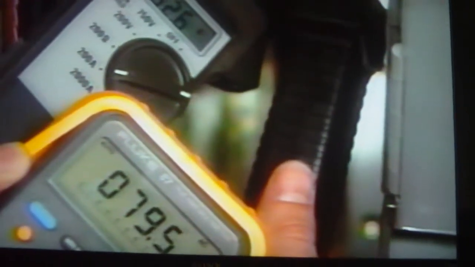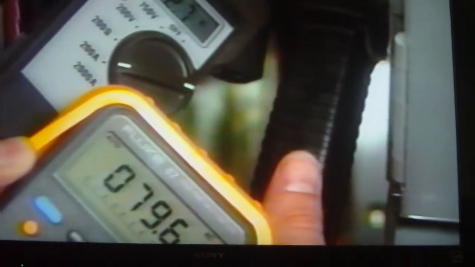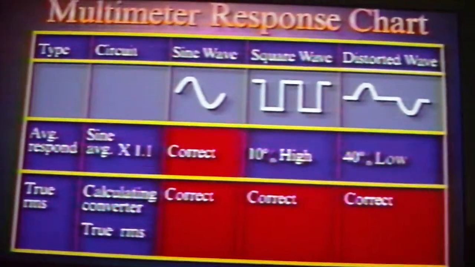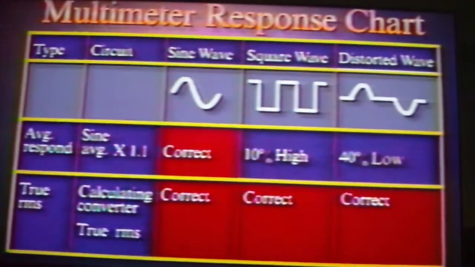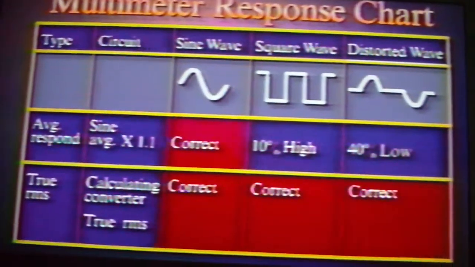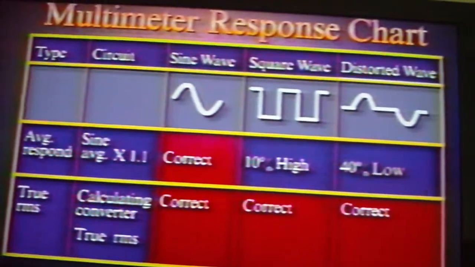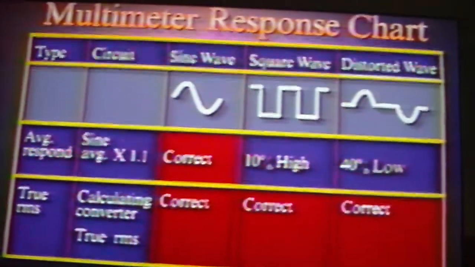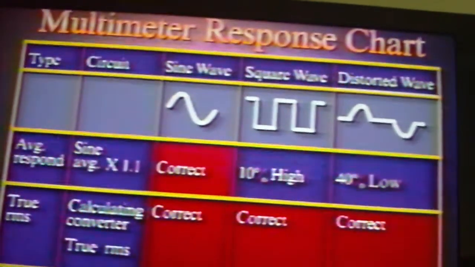Most low-cost portable instruments are average responding, RMS calibrated, which means they give correct readings only for sine waves and typically read low when the waveform is distorted. Whereas instruments equipped with true RMS converters will give correct readings for any wave shape within the meter's crest factor and bandwidth limitations.